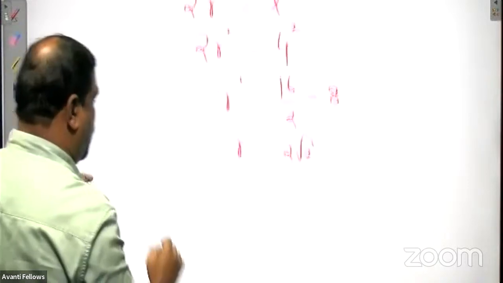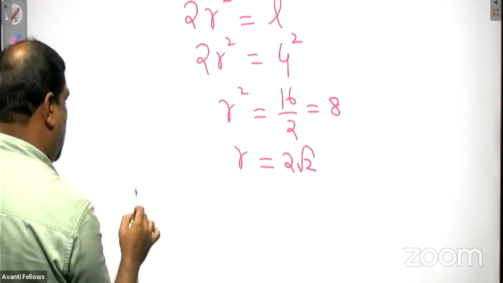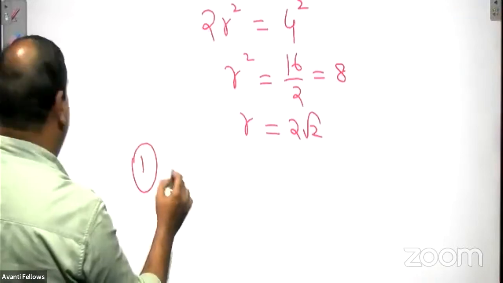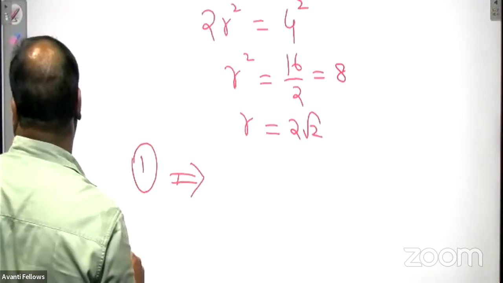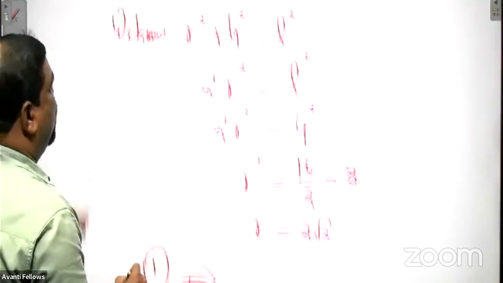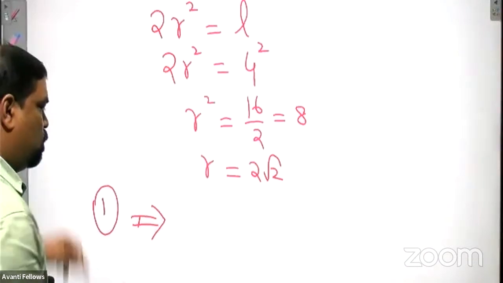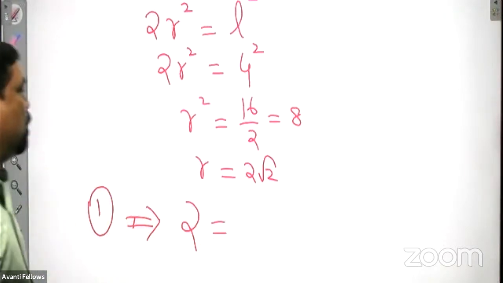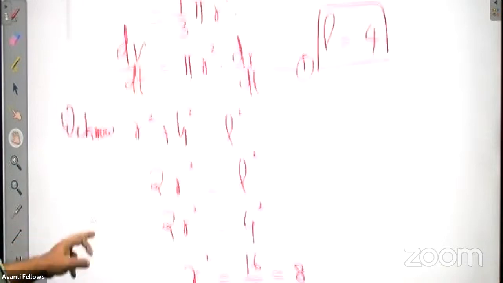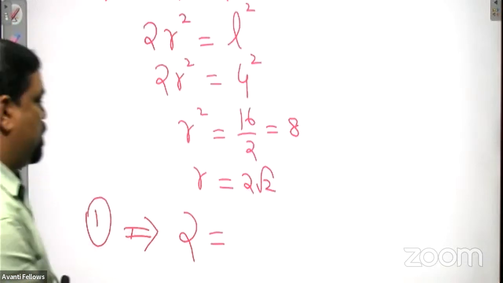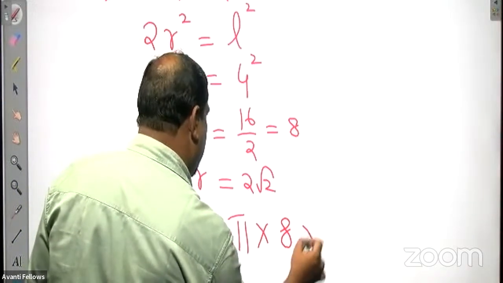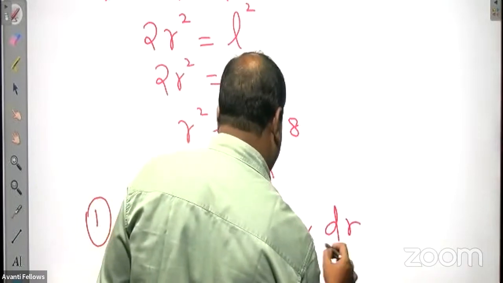Therefore, in the previous equation, dV by dt, substitute there. Equation 1 implies, dV by dt is given as 2 in the question. So 2 is equal to pi r square into dr by dt. Pi into r square is directly 8 into dr by dt.